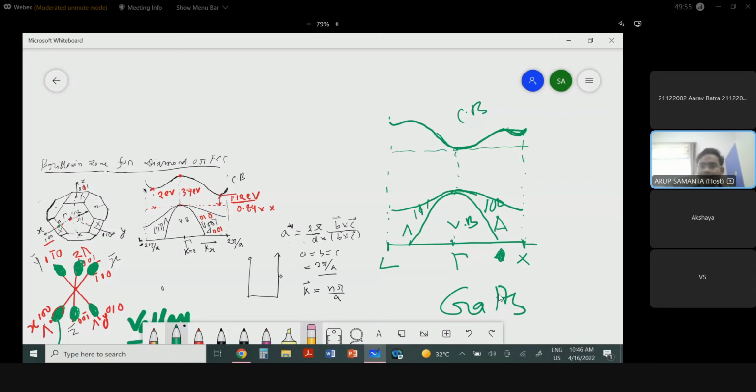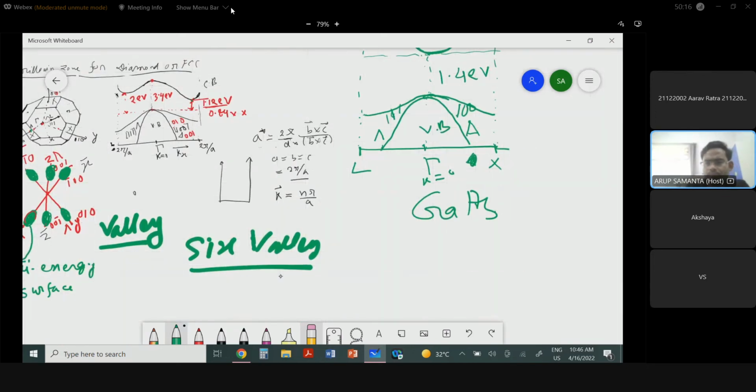Means you can find it along k equal to 0, the gamma point. The minima is at the top of your valence band, with no k difference, and this gap is 1.14 electron volt. Since there is no k difference in the minima of the conduction band, this is called a direct band gap semiconductor.